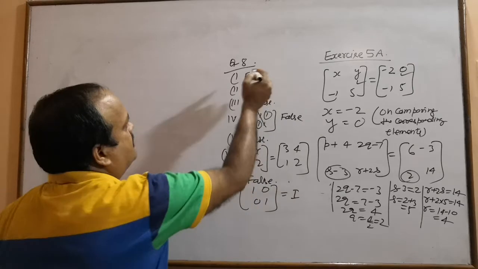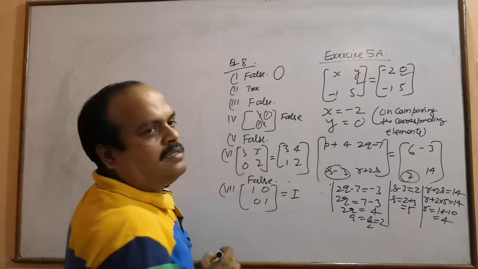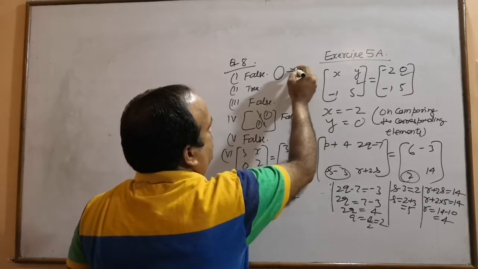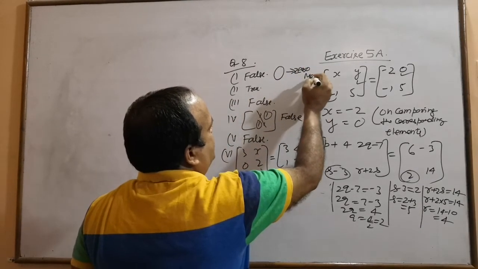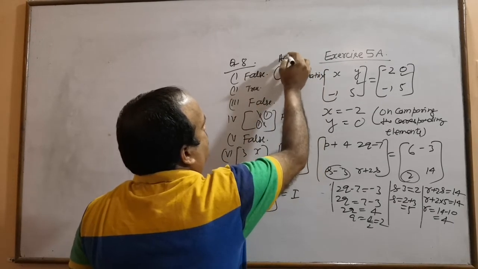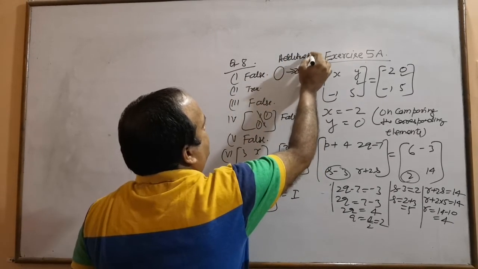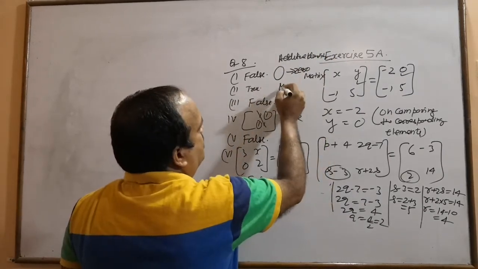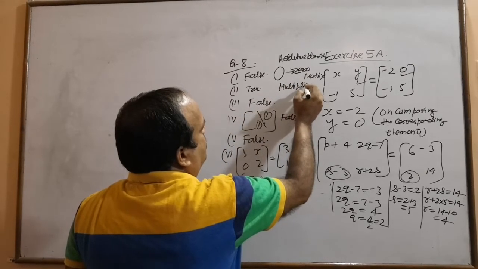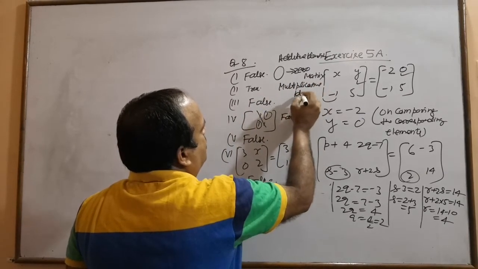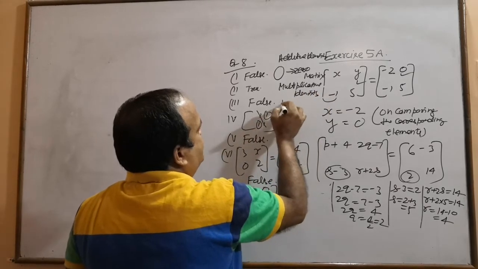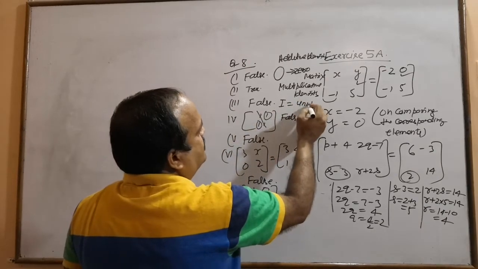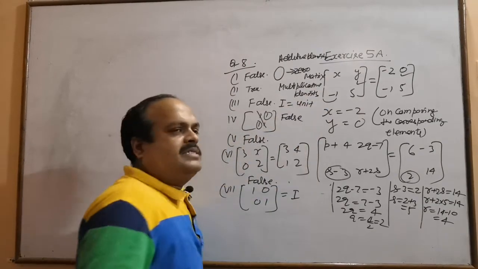I repeat, the zero matrix is the additive identity matrix, and the multiplicative identity matrix has the symbol I. It is also called the unit matrix.